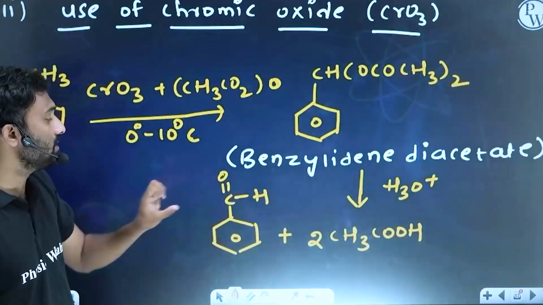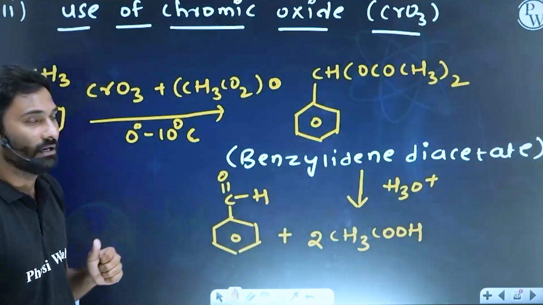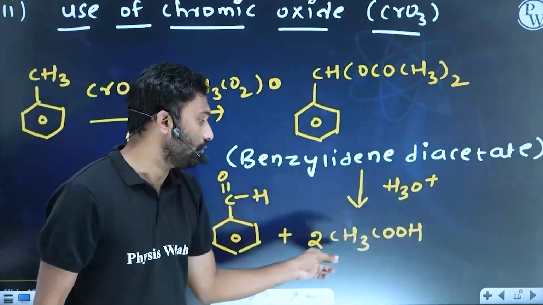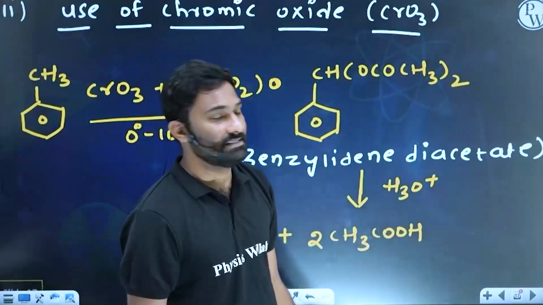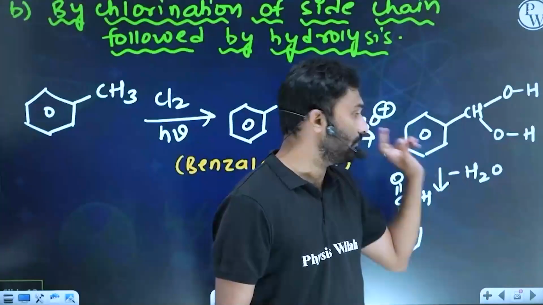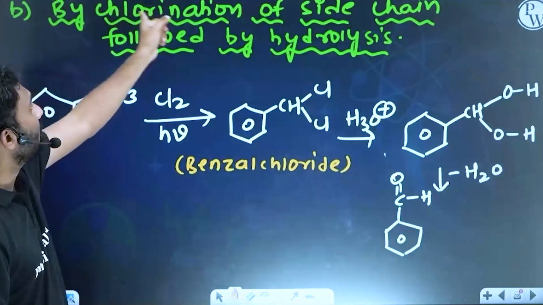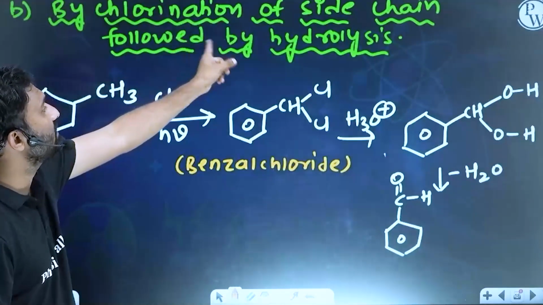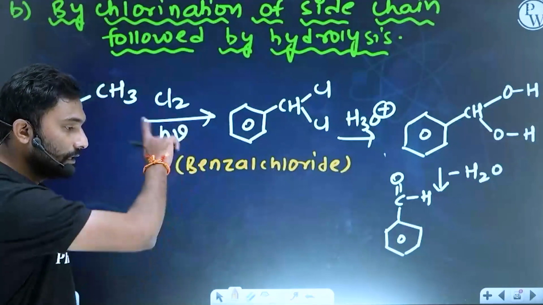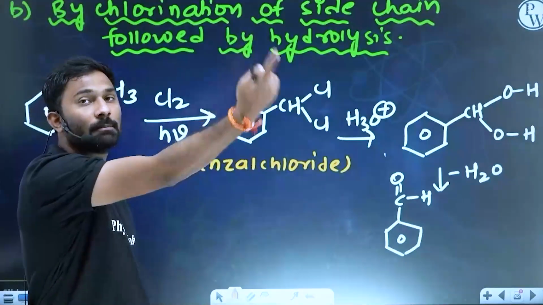It will give benzaldehyde, and what is this? 2 moles of acetic acid. Next, by this also we can prepare the benzaldehyde: by the chlorination of the side chain followed by hydrolysis. By this method also we can prepare the aldehyde.